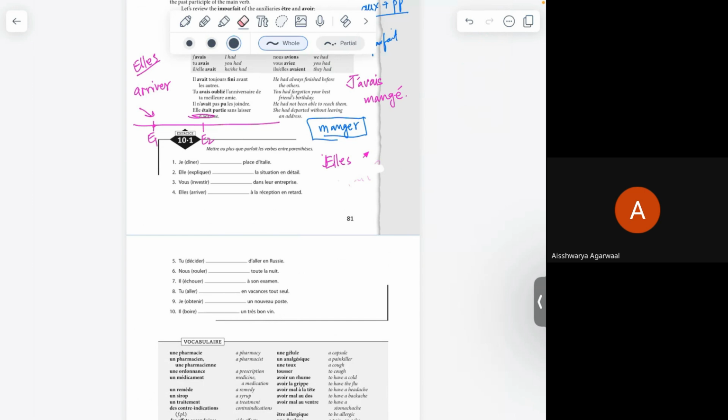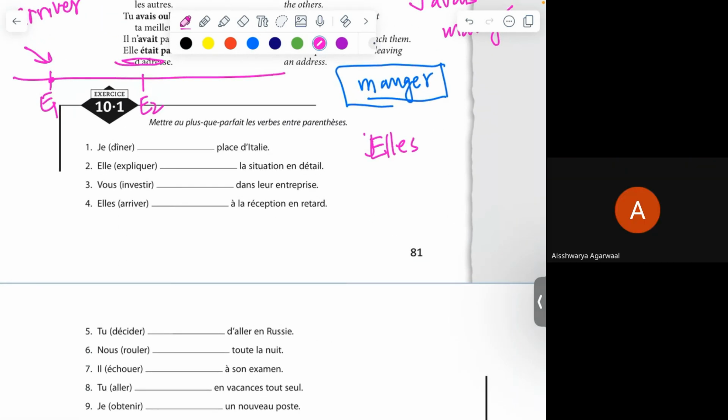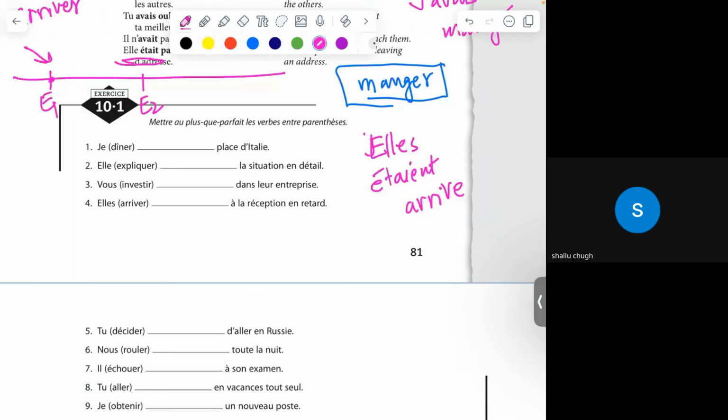Can we just full screen the iPad? It's coming on half of the screen right now. Is the verb visible? Yes. Arrivé. What is the past participle for arriver? We'll remove the R and put an accent on the E.